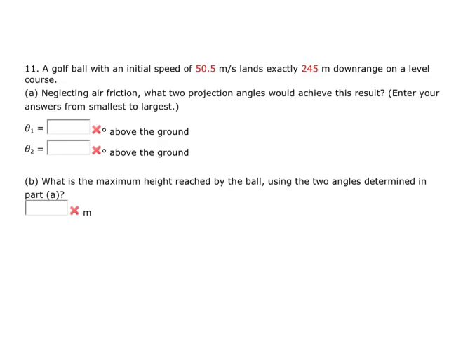So when it says it's level course, we've got that special case that we talked about in class where y initial is the same as y final, right? The initial level is the same as the final level, or it's the same thing as saying there is no vertical displacement.